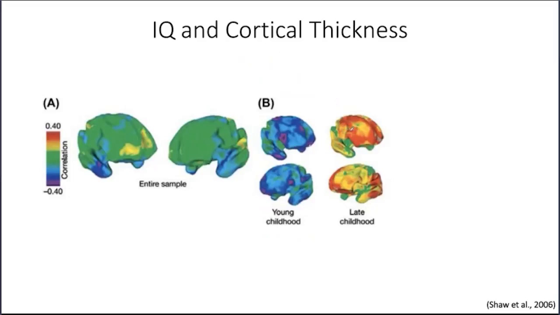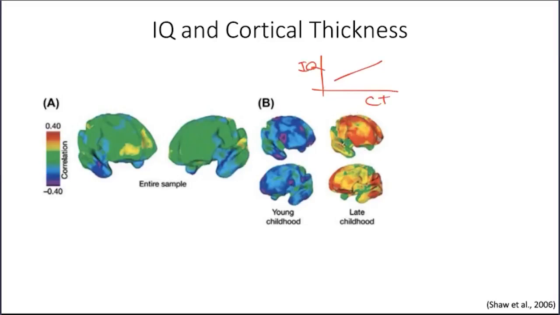But if you go to late childhood, then the correlation would be positive in most of the areas, because when your cortex gets developed, the higher cortical thickness means that you have better IQ.